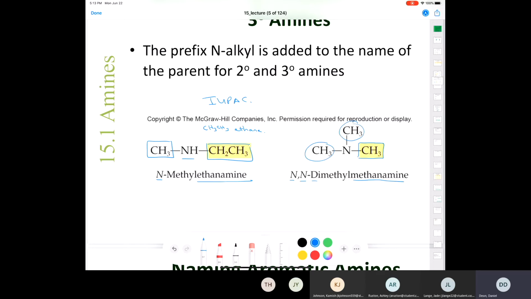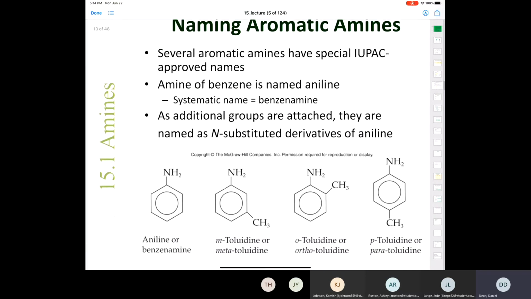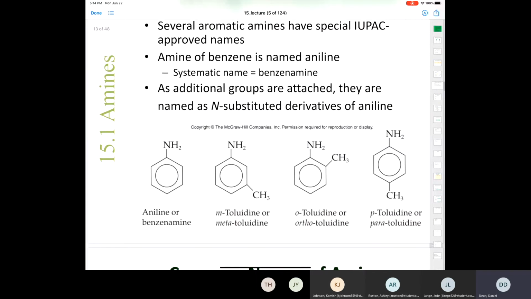Okay, so I have to put the capital letter N for every alkyl substituent I have on there. With aromatic amines, again, I'll let you watch that in the video, and I talk quite a bit about aniline. And aniline is a compound that you had to memorize for the first exam, I believe. And I mentioned the substitution on the nitrogen of aniline as well.